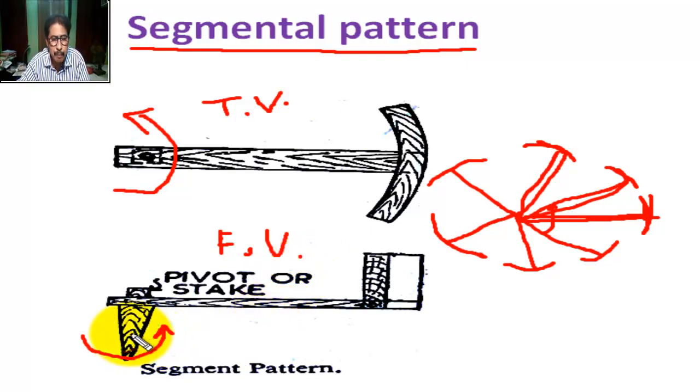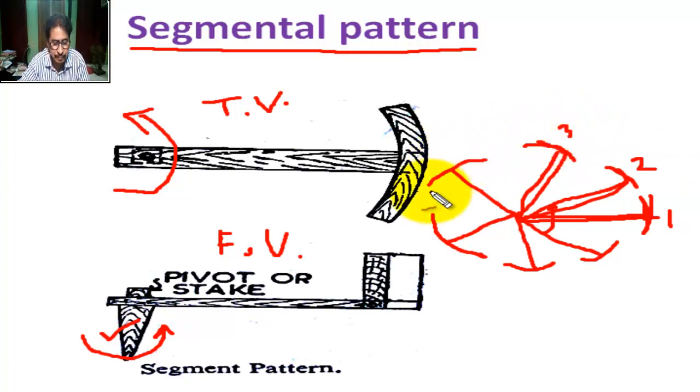It is mounted on a central pivot. This is the pivot. After preparing the part mold in one position, this is one position, the segment is moved to the next position.